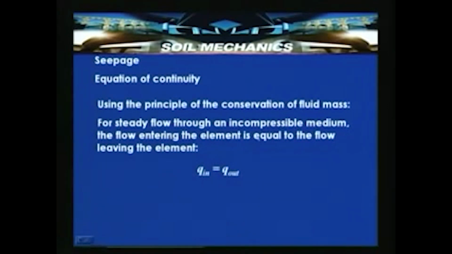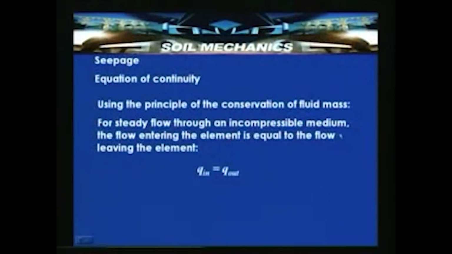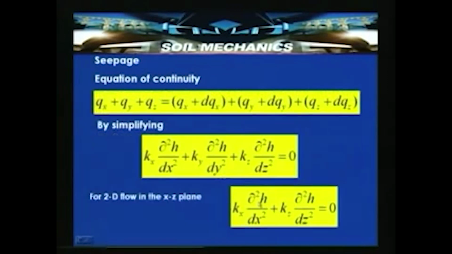The flow entering the element is equivalent to the flow leaving the element. So, here q in is equal to q out. That is the principle, in a nutshell, of the conservation of fluid mass: for steady flow through an incompressible medium, the flow entering the element is equal to the flow leaving the element.